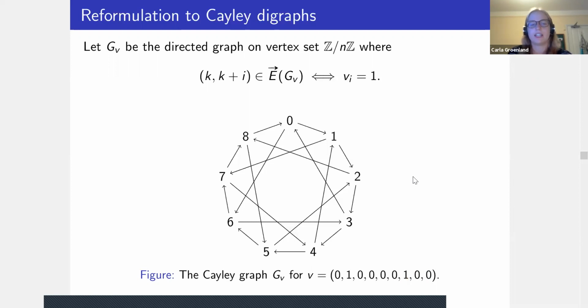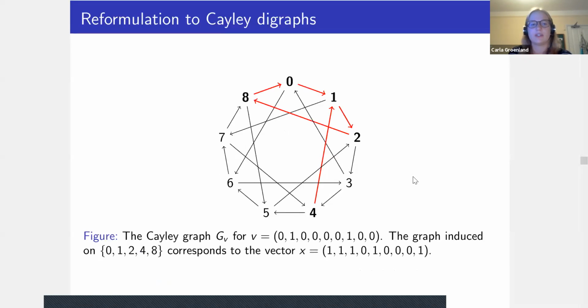So this is the Cayley graph, which we can draw for each vector v. And now we also want to associate something in this Cayley graph for our test vectors x. Whenever we want to see for vector x how it sits in this cyclically covering subspace, like how there's a shift in the subspace, we look at a certain induced subgraph.